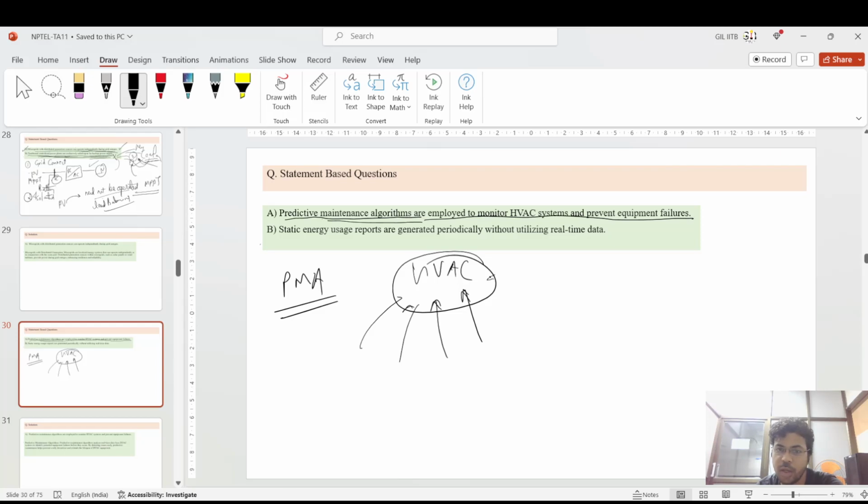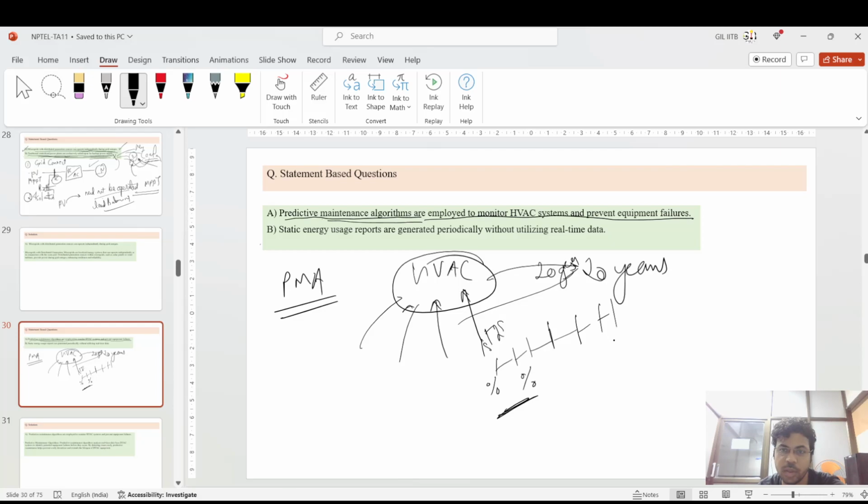Suppose wear and tear can happen after 20 years. Through the algorithm they know that in the first year it got wear and tear to a certain percentage, then in the second year a certain percentage. So based upon that data and the initial data of the 20 years, you can predict up to what time duration it can sustain or operate in the proper situation.